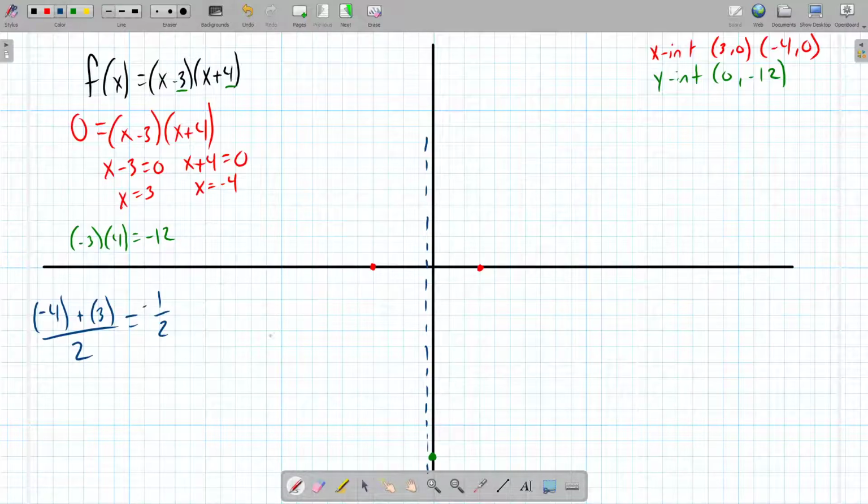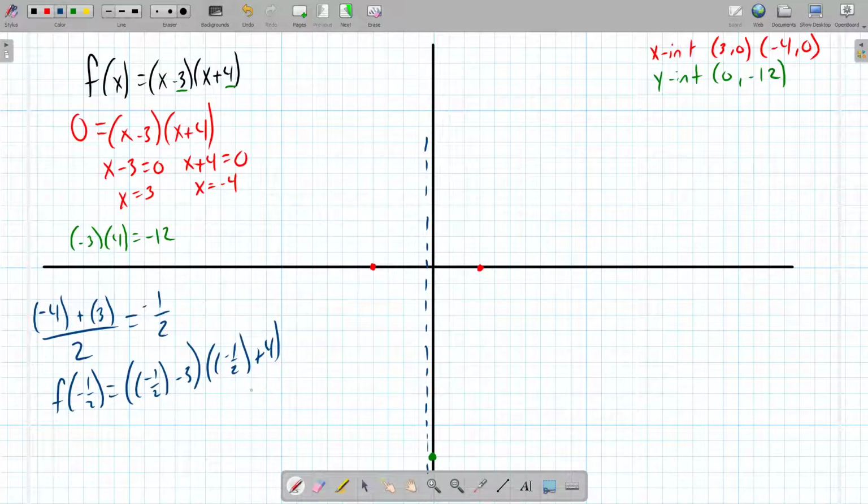To find out where it is, I simply need to plug it into the equation. So if I plug it in, negative 1/2 minus 3 is going to be negative 7/2, and negative 1/2 plus 4 is going to be positive 7/2.